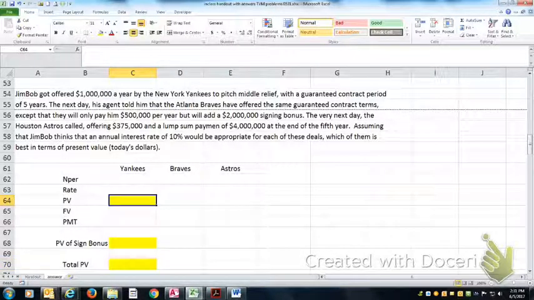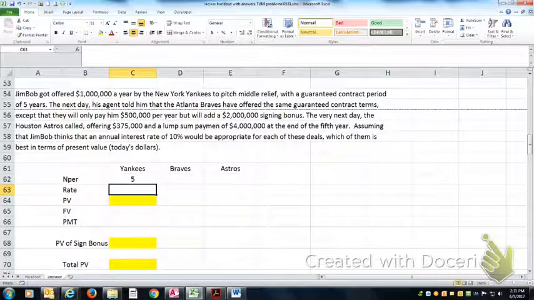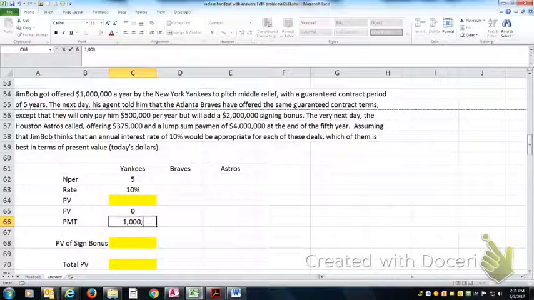Okay, so it's a 5-year contract. 10% is the opportunity cost of money. After the Yankees pay him the 5 payments of $1 million each, they ain't going to give him anything else.